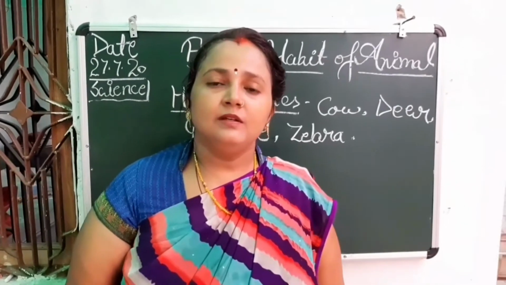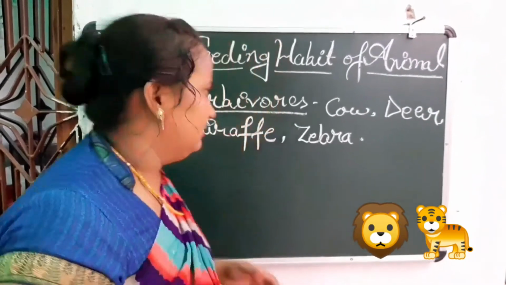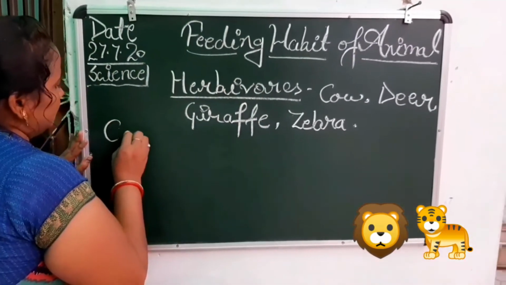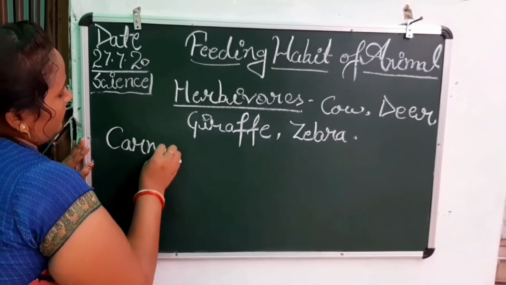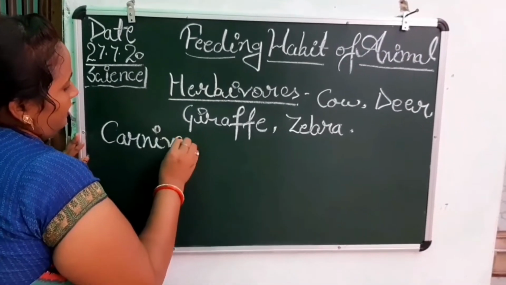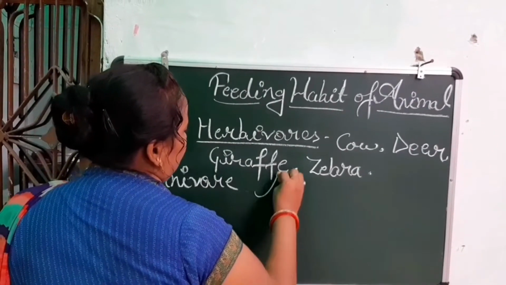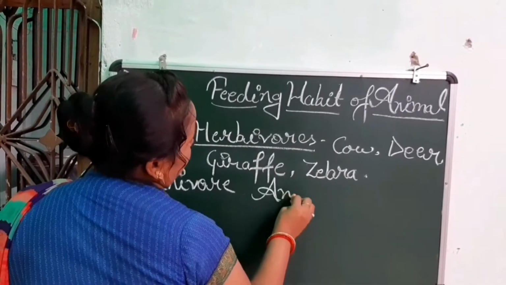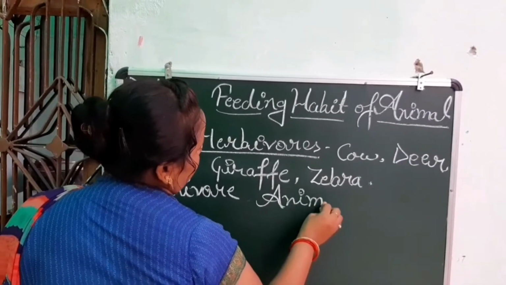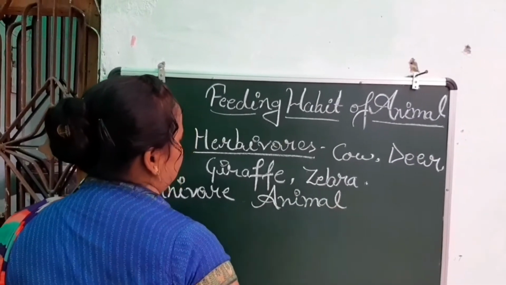Then the next one is carnivore animals. Carnivore animals.